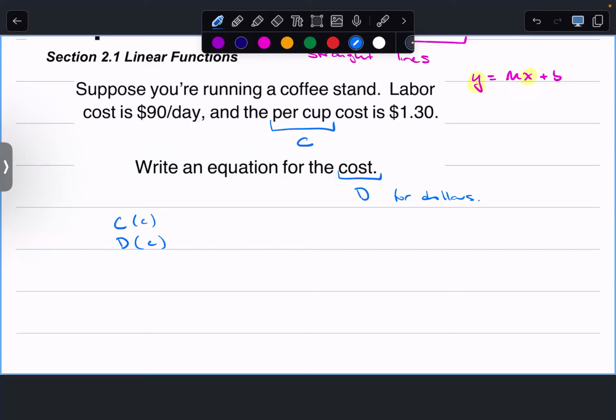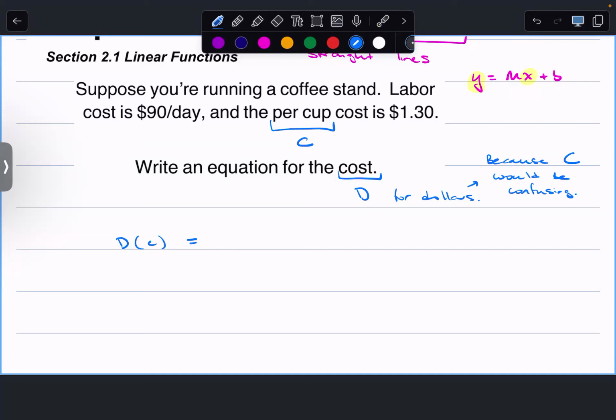Or capital C of c, which we do often, but because it's our first example here, let's use D, because capital C could be confusing. If you like it, go for it. So now, my function is going to take some input, the number of cups, and it's going to return the dollars at that cup level.